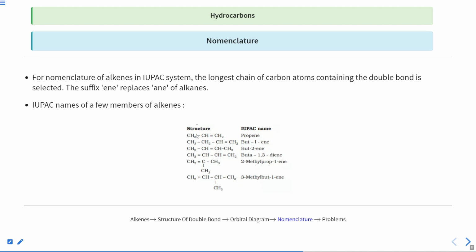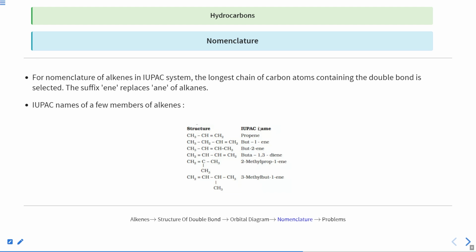You can't change the name to prop-2-ene. It is absolutely impossible. So we have written it this way since there is no chance of shifting the double bond away from the first position. But if you want, you can write it as prop-1-ene. There is no mistake in writing it in that form.